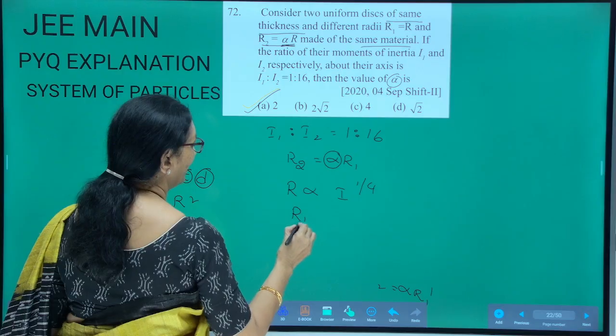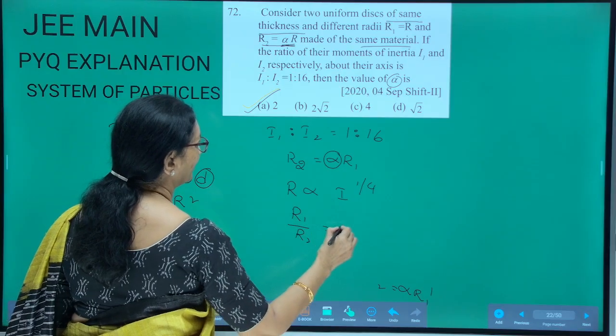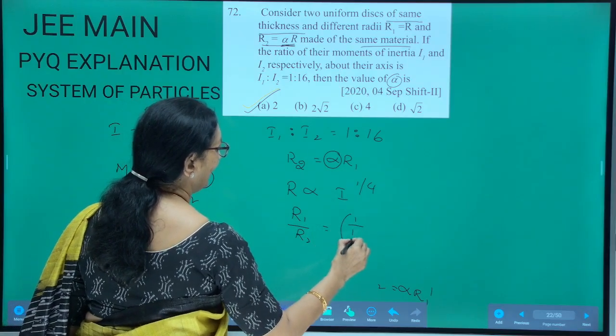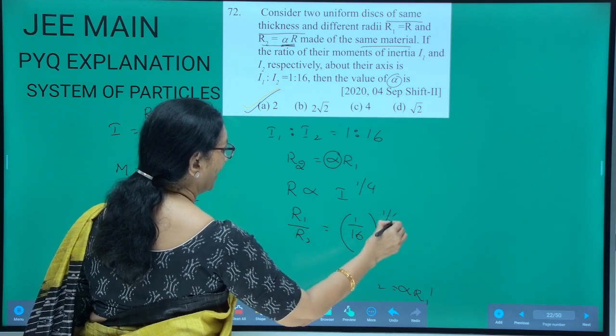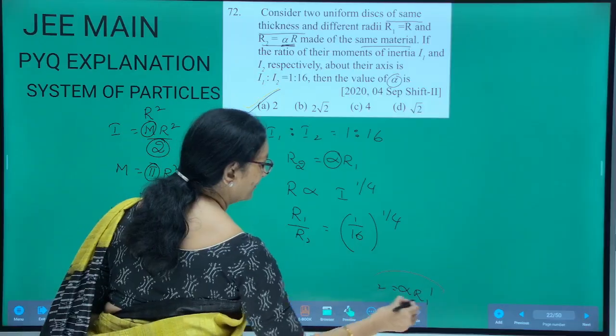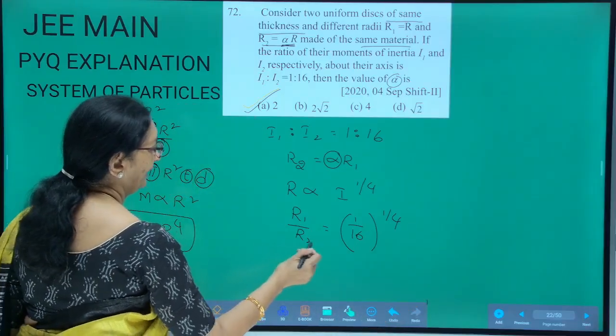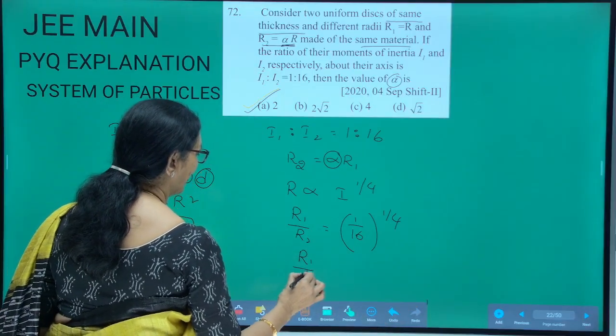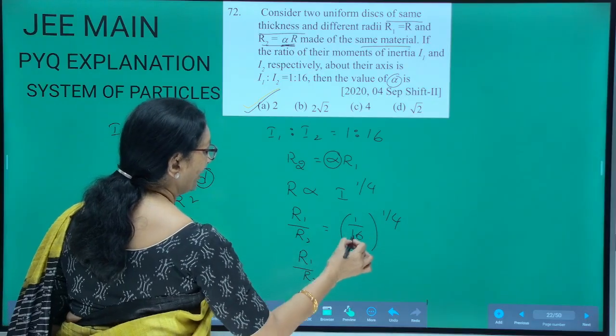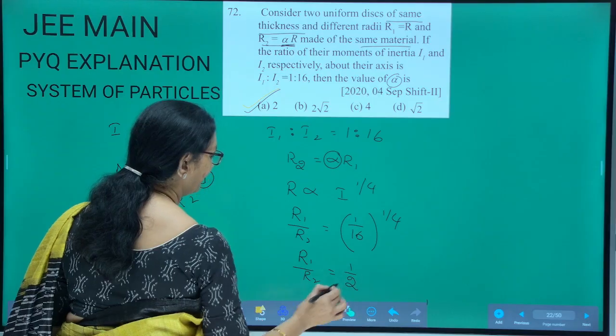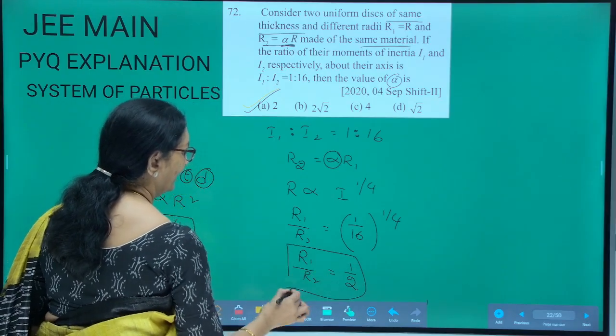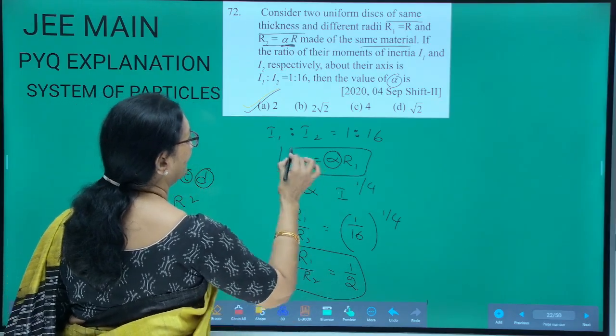So, R1 by R2 is equal to I1 by I2 to the power of 1 by 4. How much will it be? R1 by R2 is equal to 1 by 16 to the power of 1 by 4, which is 1 by 2. Now, you are supposed to find the value of alpha.